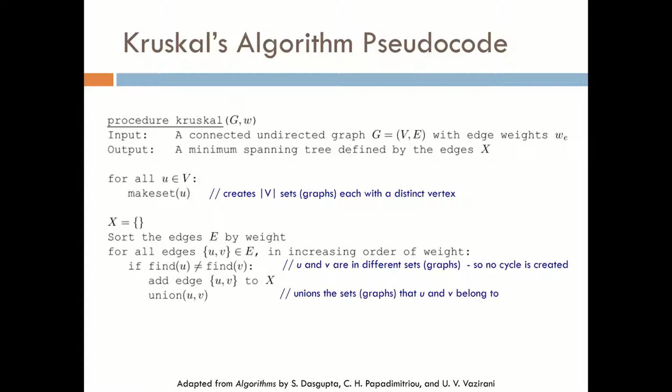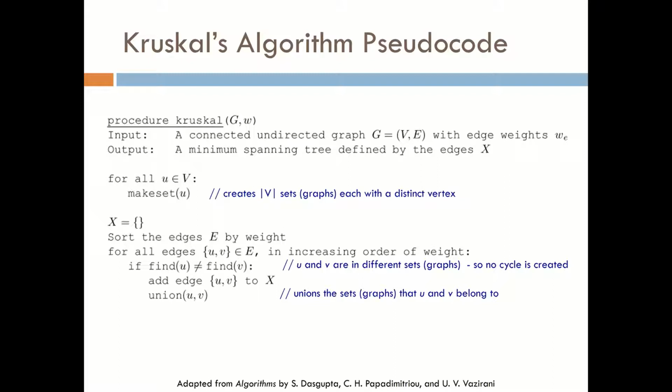If the edge that is removed comes from two different sets, that edge is added to the minimum spanning tree, and those two vertices are unioned into the same set. I think it's best to actually go through the example and see what we mean.